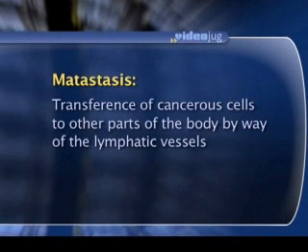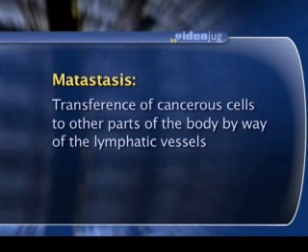Then they take that lymph node out and give it to surgical pathology, and they look for metastases in that lymph node. If there is metastasis in the lymph node, then, as I mentioned, the treatment is different from when that lymph node has no evidence of metastases.